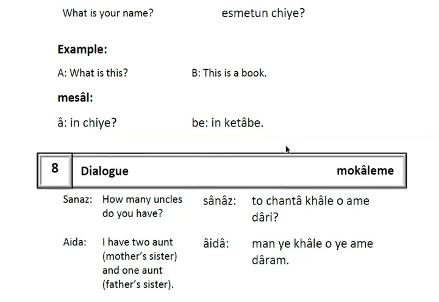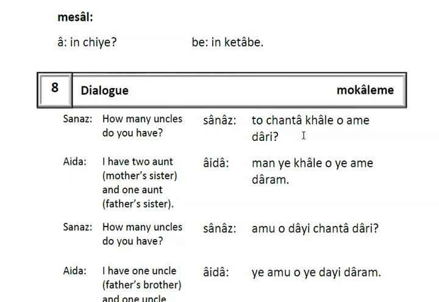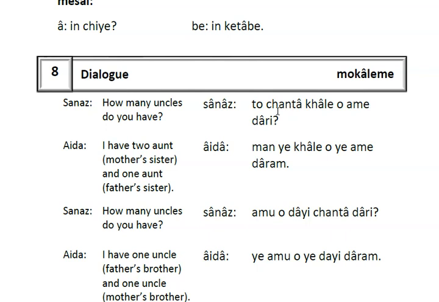Let's take a look at another conversation in this lesson. تو چند تا خاله و عمه داری؟ تو means you. چند تا means how many. خاله means a mother's sister and عمه father's sister.